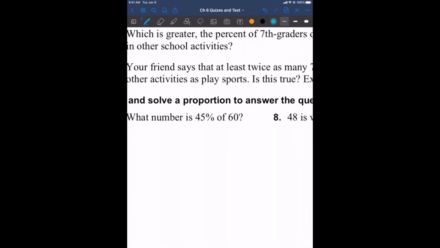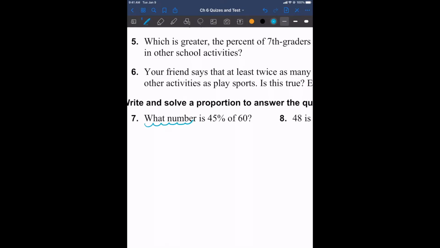Number 7 says, what number represents x equals 45%, change that to a decimal, of means times 60. How do I solve for x? Yeah, you just multiply. 0.45 times 60. 27.